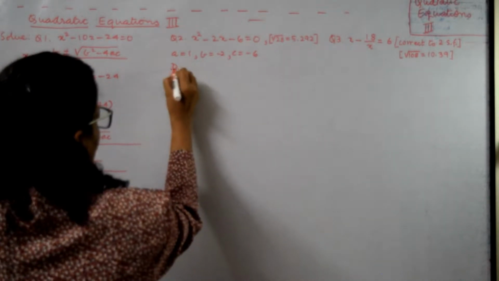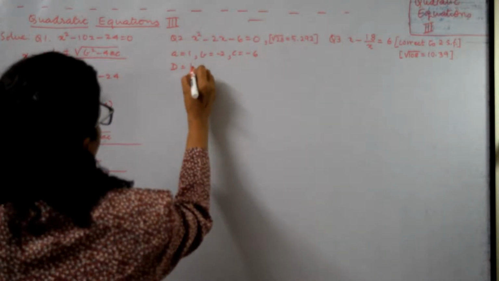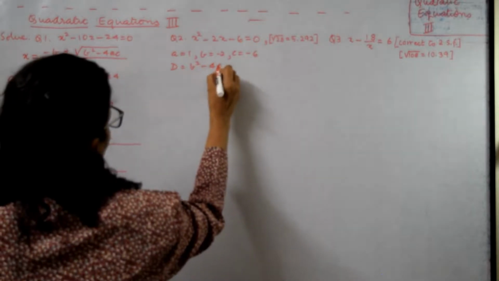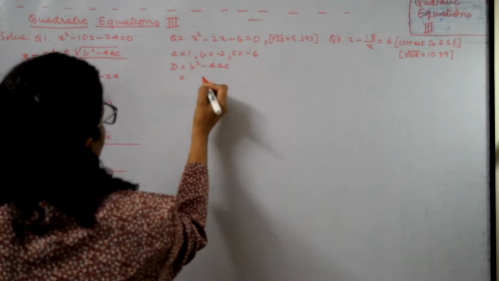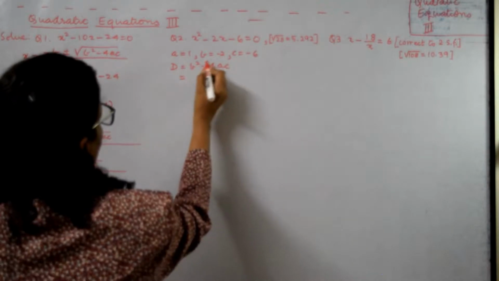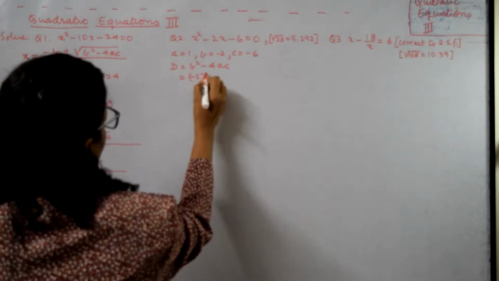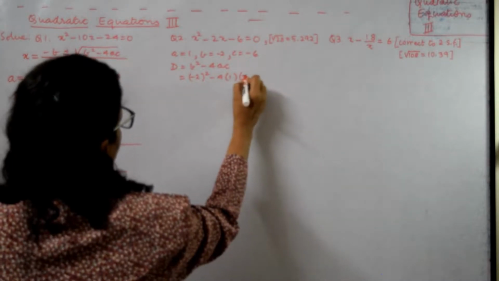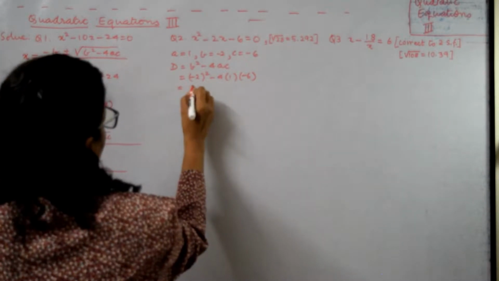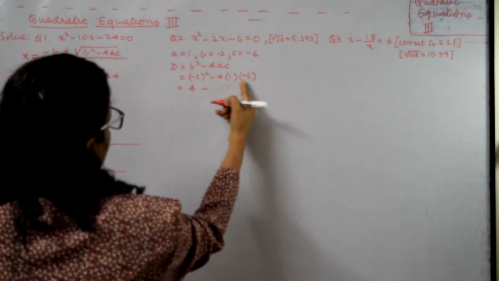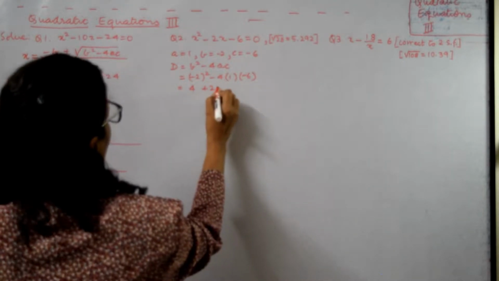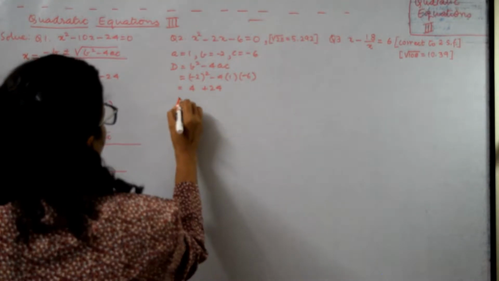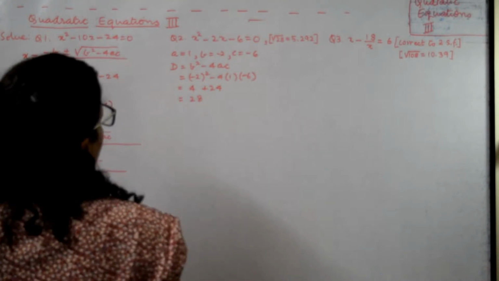The first step will be to find the discriminant. What is the discriminant? b square minus 4ac. And then we will start substituting. So b square is minus 2 whole square, minus 4 into bracket 1, and c is minus 6. So that gives us 4. Minus into minus becomes plus 24, and that gives you 28 as the discriminant.